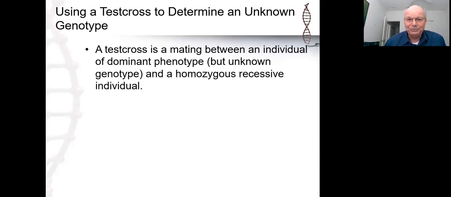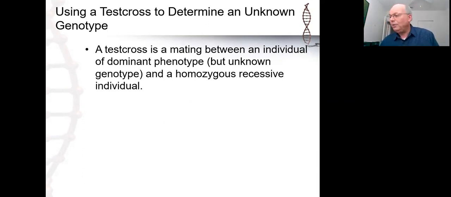But that is the basis for doing the test cross. Because in a test cross, you take the individual whose genotype you don't know, that is the individual showing the dominant phenotype, but you have no clue what their genotype is, and you cross them with an individual showing the recessive trait. In other words, you know exactly what their genotype is.